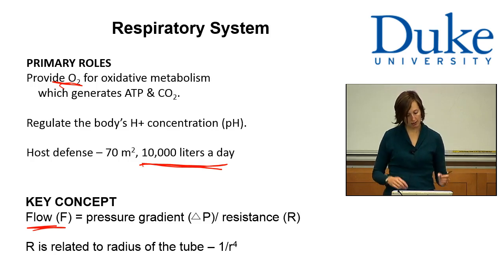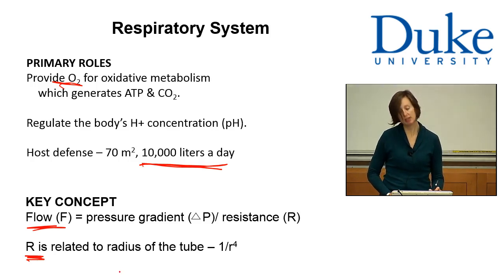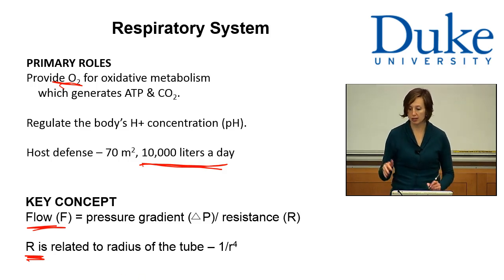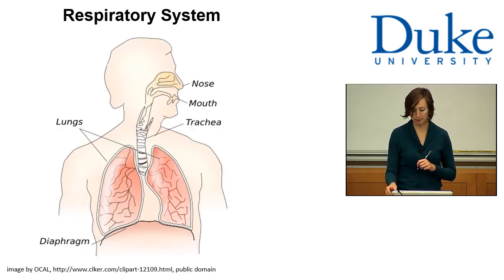And again, the resistance is going to be related to the radius of the tube, and the radius is going to be to the fourth power. So the radius is going to make a huge difference in the resistance of the system, and again, we'll be addressing that in similar ways that we did for the cardiovascular system.